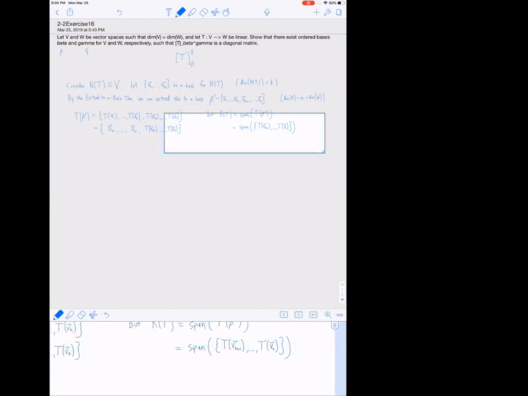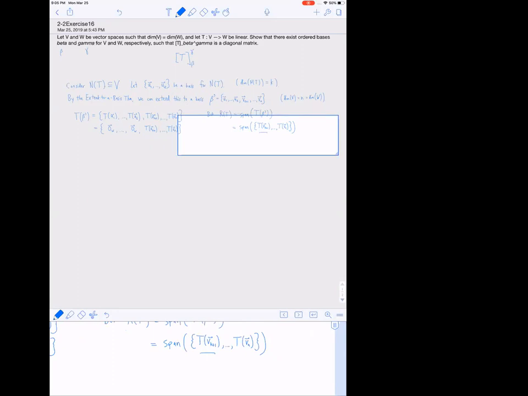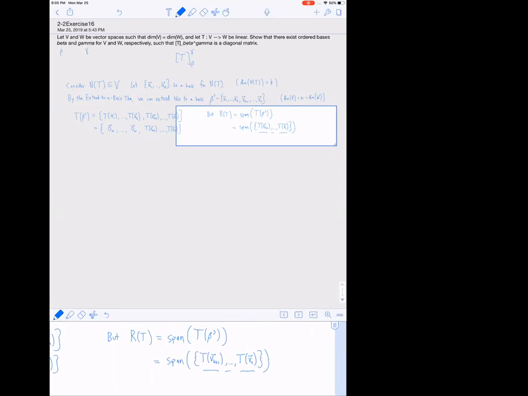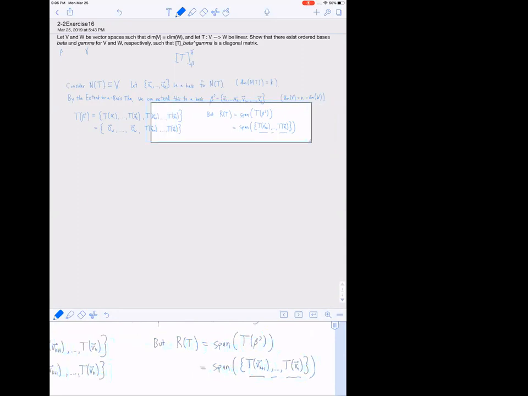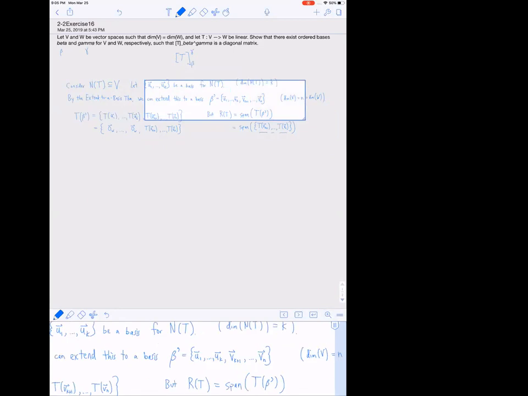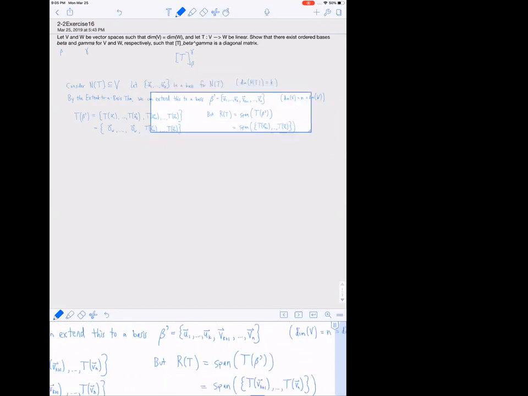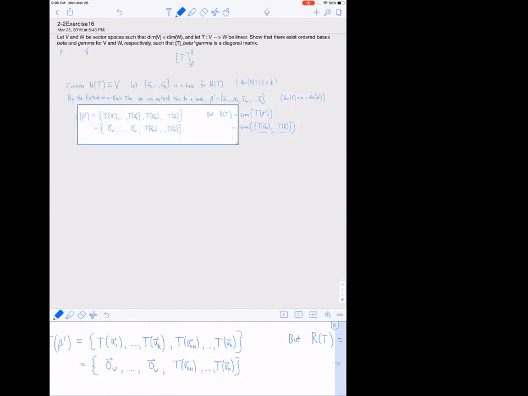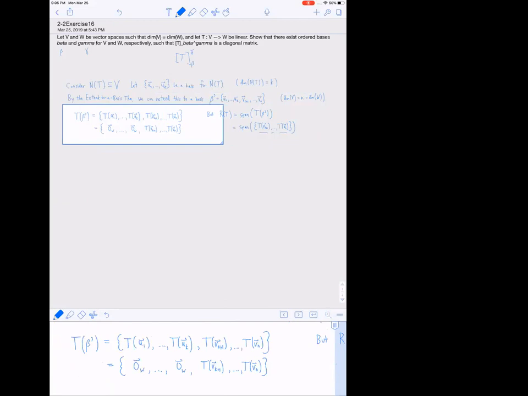Not only are these vectors T of VK plus 1, T of VK plus 2, up through T of Vn a generating set for the range of T, but just as in the proof of the dimension theorem, these form a basis for the range of T. In general, when you start with a basis for the vector space V and then apply T to each of the vectors, you don't necessarily expect to get a set that's linearly independent. In fact, we can see that over here. T of beta prime was certainly not linearly independent because it had a bunch of zero vectors in it.